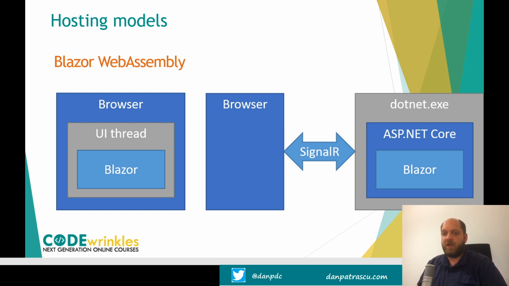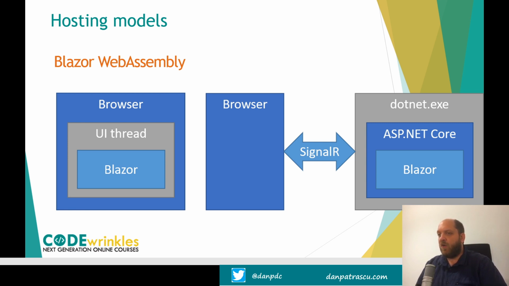It's the same as when we do JavaScript apps. But the difference is that in this case we don't run JavaScript in the browser, but we run our Blazor application. So once again, all the DLLs for our application, everything that we need to have this application working, will be shipped to the browser and will be executed there.